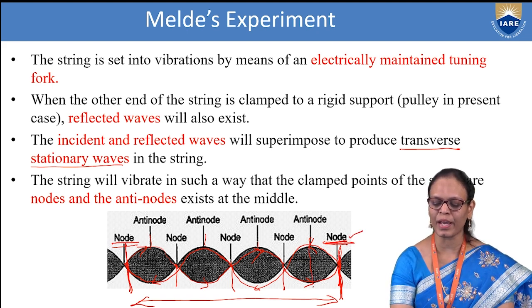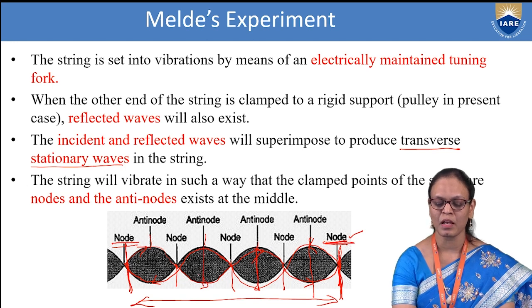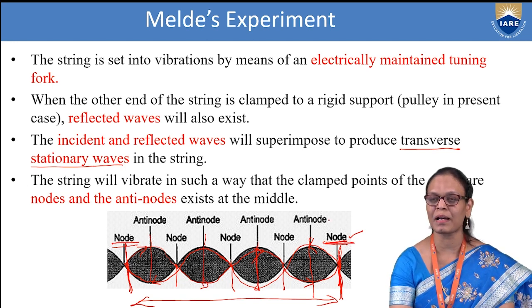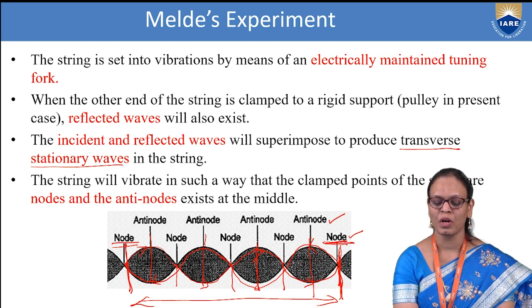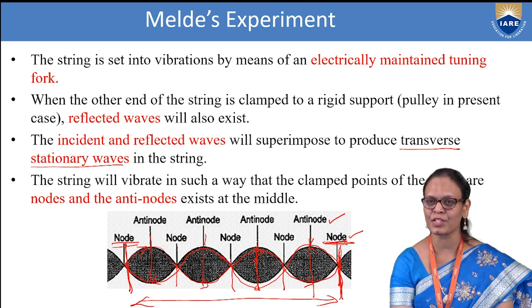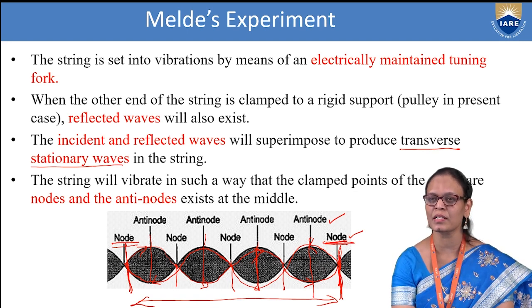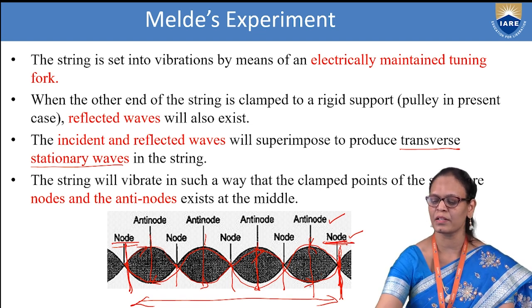And the points where the displacement of the particles is maximum, you call antinodes. So you have a series of node, antinode, and so on. Till the clamped point, you have a series of nodes and antinodes and we call them stationary waves because they are limited to a certain region and the energy is also limited to this particular region.